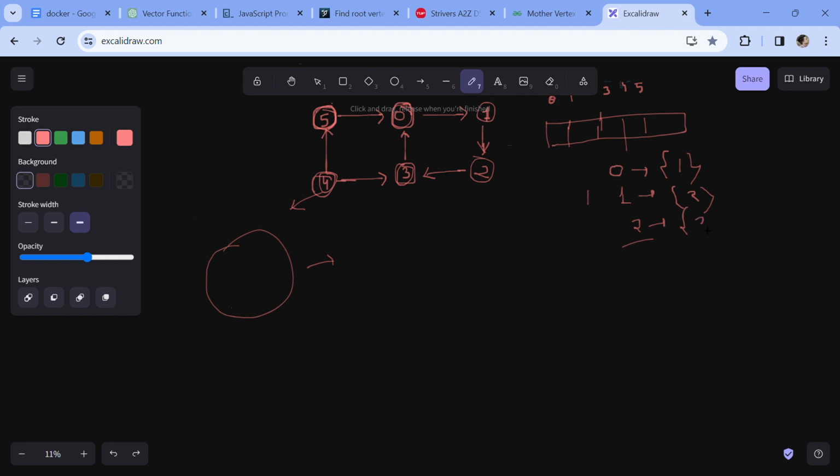From node 2 I can go to node 3 only, and from node 3 I can go to node 0. From node 4 I can go to node 5 and node 3, and from node 5 I can go to node 0 only.